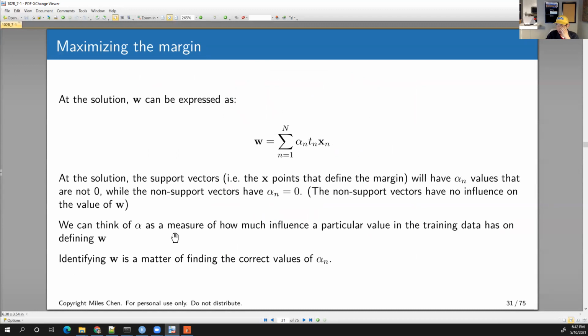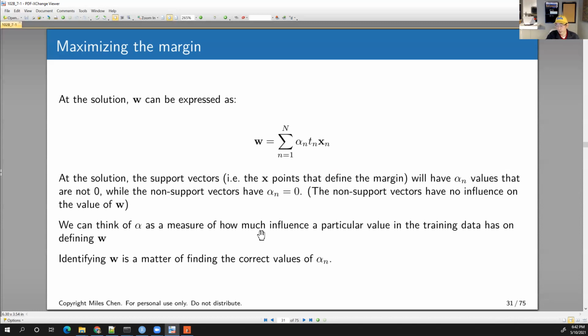Okay, so when you do your optimization with these Lagrange multipliers, you can think of whatever alpha you have as a measure of how much influence a particular value has in defining what the boundary is.